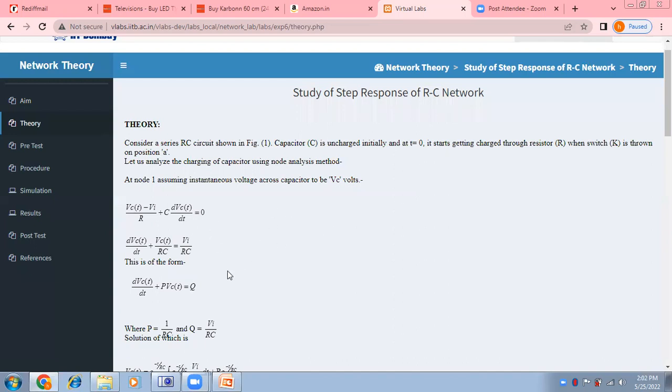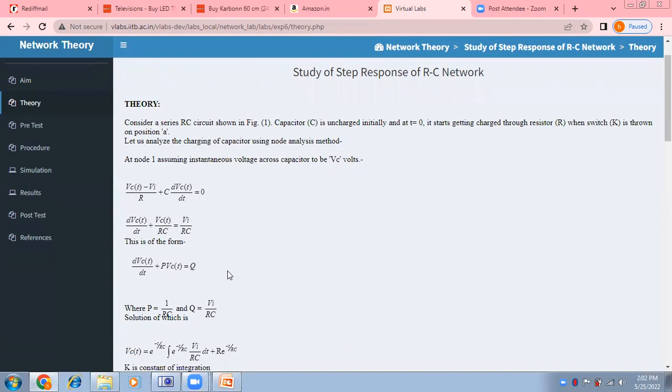So this is the theory part. In this theory part, we consider the loop which constitutes the supply voltage, then resistance and capacitor. If you consider that, then at node 1, assuming the instantaneous voltage across the capacitor to be Vc, we get this equation: (Vc(t) minus Vi) upon R plus C dVc(t)/dt is equal to 0.